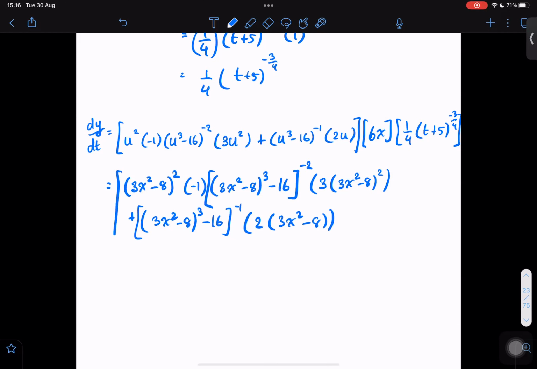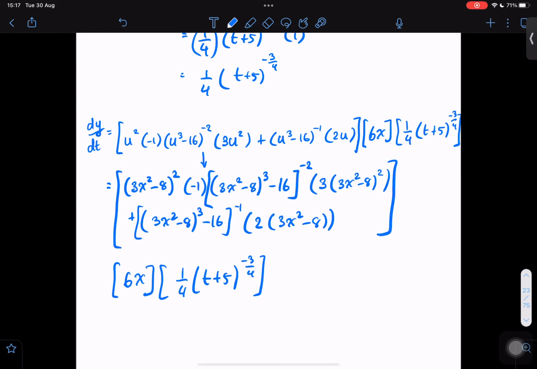So this is one bracket from this one. And multiply this by 6x and 1 over 4, t plus 5 to the minus 3 over 4.